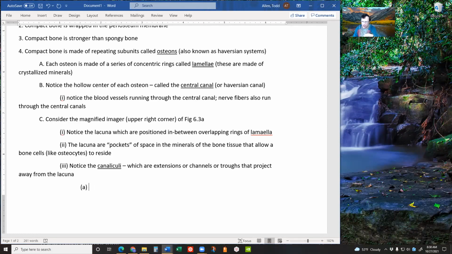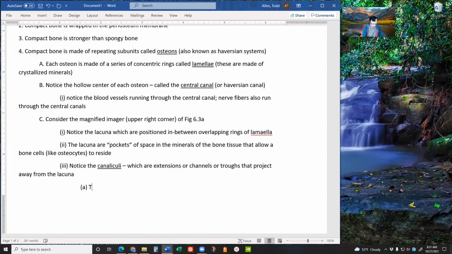Well, bone cells can do that. They can be Mr. Fantastic. They can extend cytoplasmic arms through the canaliculi channels and actually communicate with neighboring bone cells so that you form a sort of cellular network through the canaliculi channel anatomy of the bone tissue.